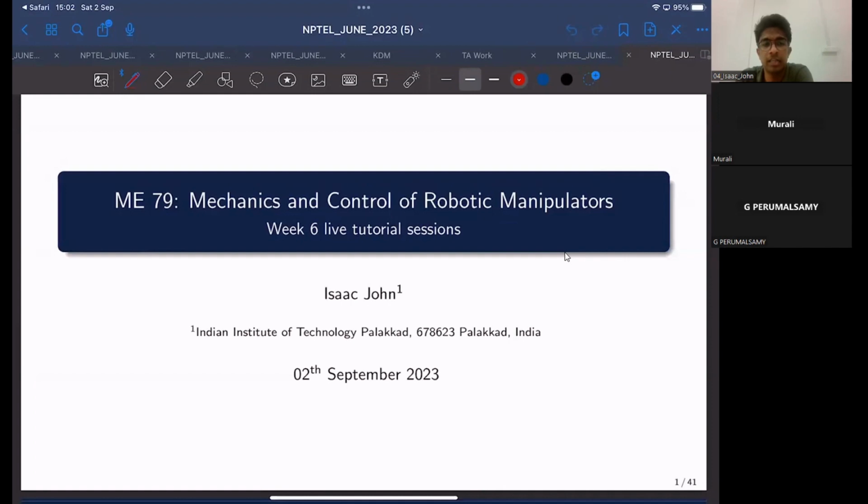Because in the lectures we are only concerned with single variables, or rather single joint variables, whereas in the MATLAB codes he is taking entire manipulators as a whole. So I cannot recommend enough that you go through the MATLAB codes, so that they complement whatever you are learning through the theory.